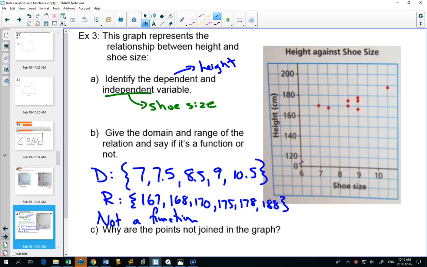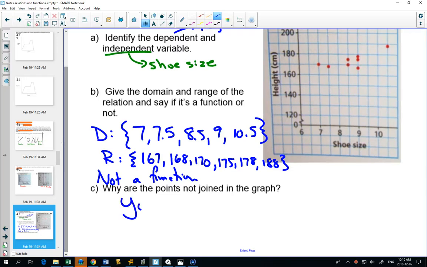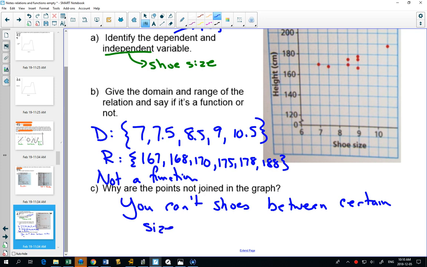So why are the points not joined? You can't have shoes between certain sizes. So you'd have to somehow describe this.